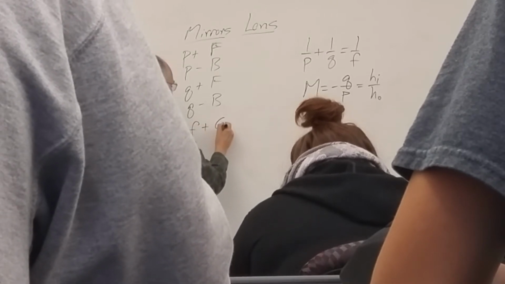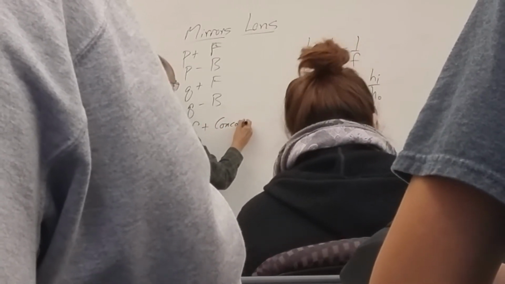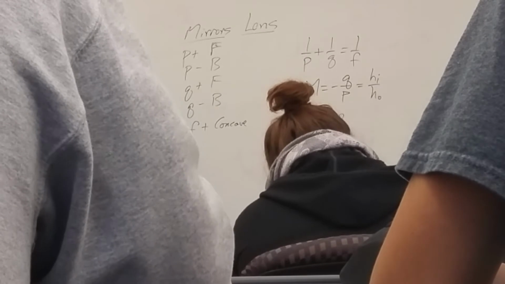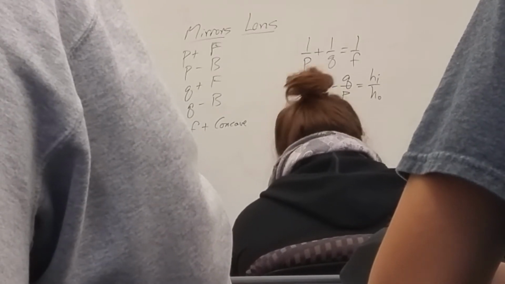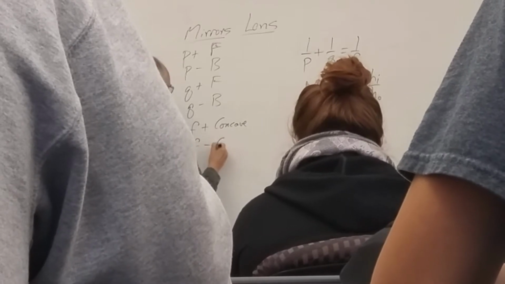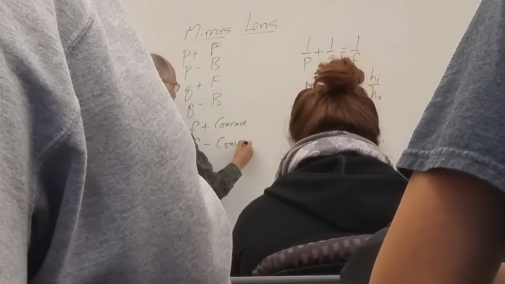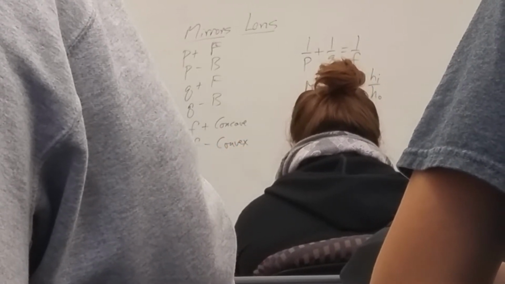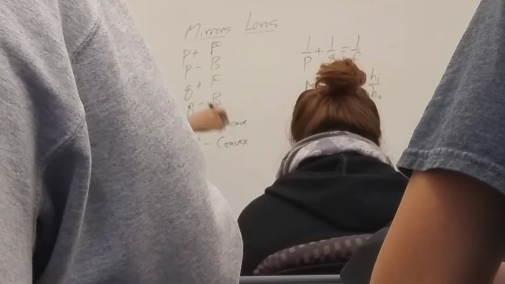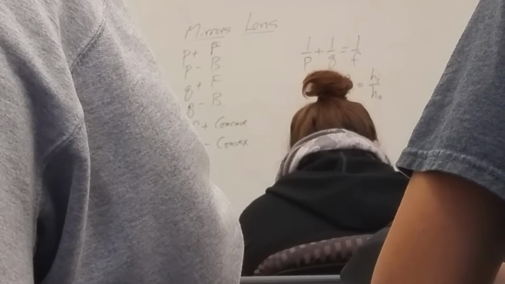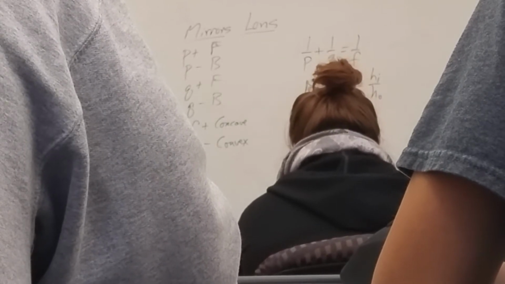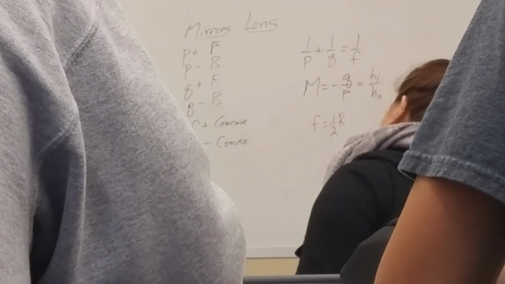So if it's concave, then the focal point is on the front side, so it's a positive focal length. If it's convex, that means it's a negative focal length, because the radius would be on the back side, focal length on the back side. Remember, convex is curved toward you, concave is curved away from you.